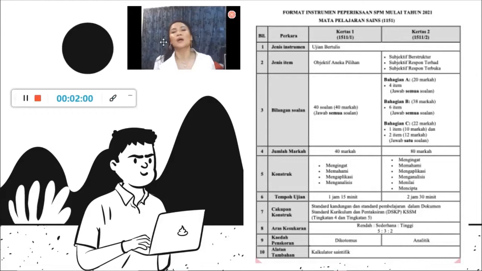The KSSM format has changed a little bit, but what is great is that it still remains two papers, Paper 1 and Paper 2. Paper 1 will have 40 objective questions, and you will be given 1 hour and 15 minutes to answer them.